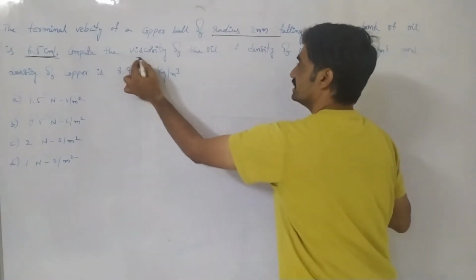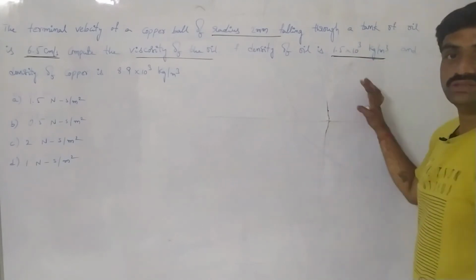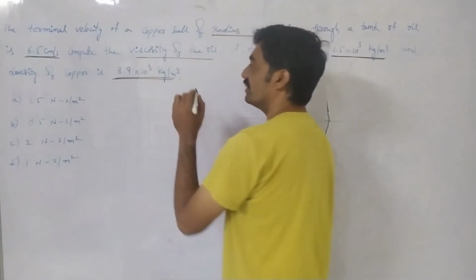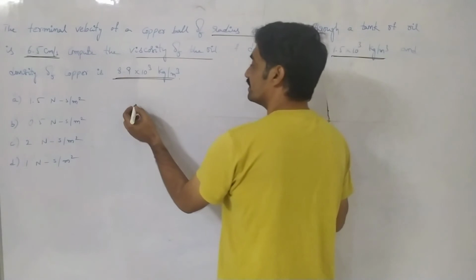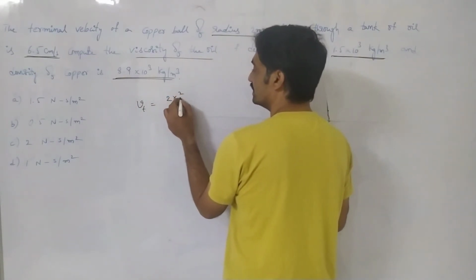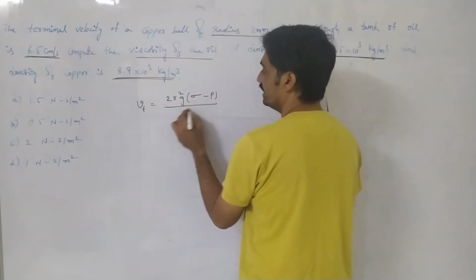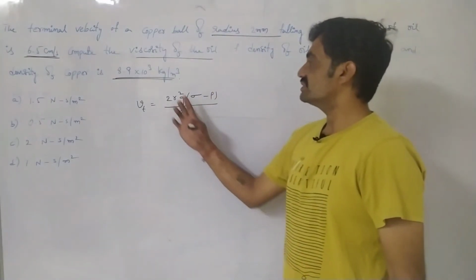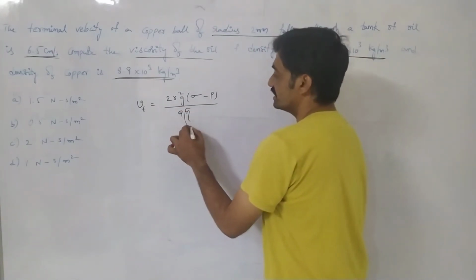Compute the viscosity of the oil if the density of the oil is 1.5 into 10³ kg per meter cube and the density of copper is 8.9 into 10³ kg per meter cube.